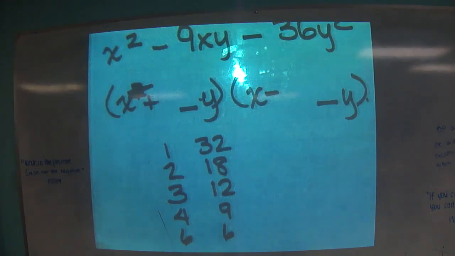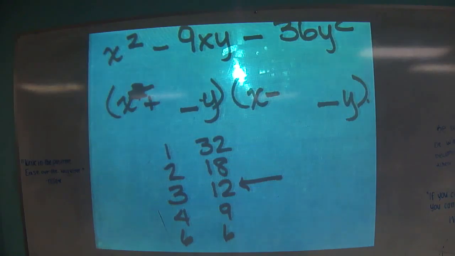Okay, so 3 and 12 has a difference of 9. So this is the one we want. And so which one would go where? Which one goes with the positive and which one goes with the negative?